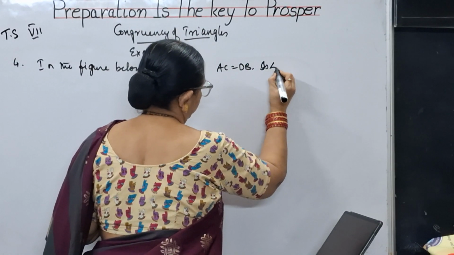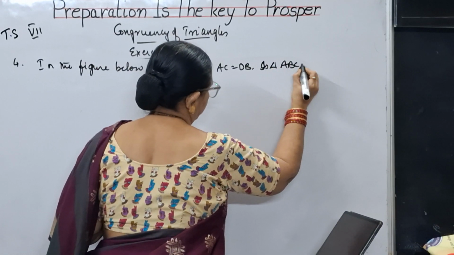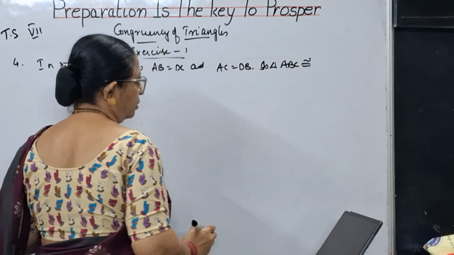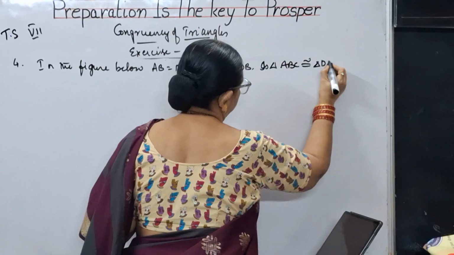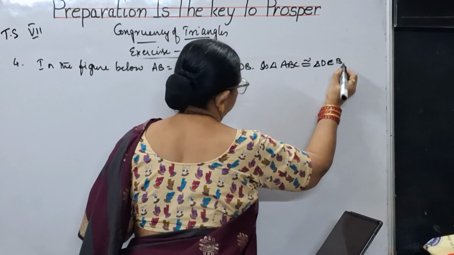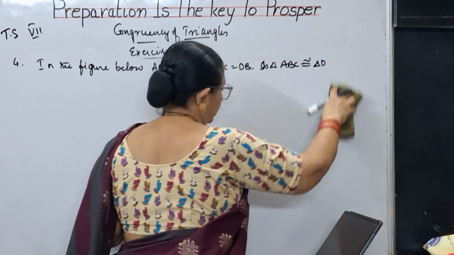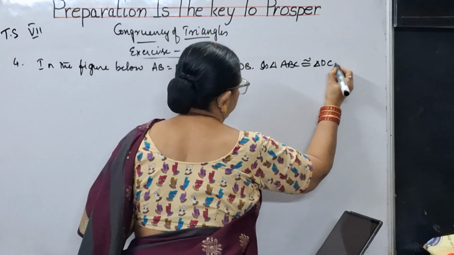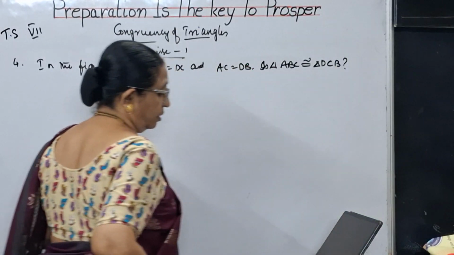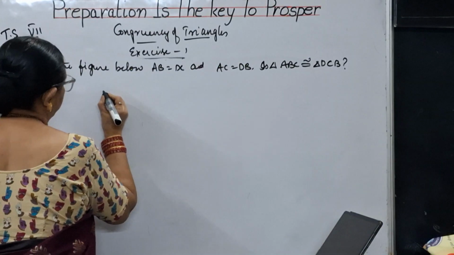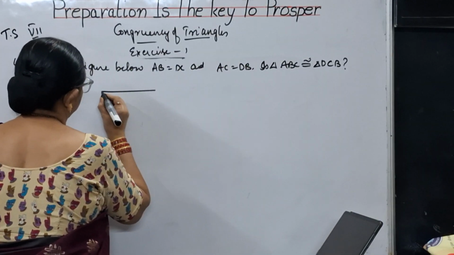Is triangle ABC congruent to triangle DCB? This is the question, children. Triangle ABC is congruent to triangle DCB. This is the question. So how is the figure given to you?